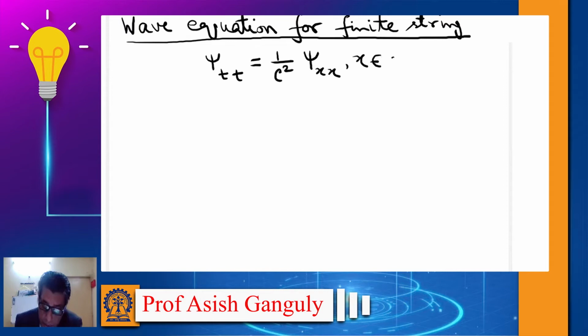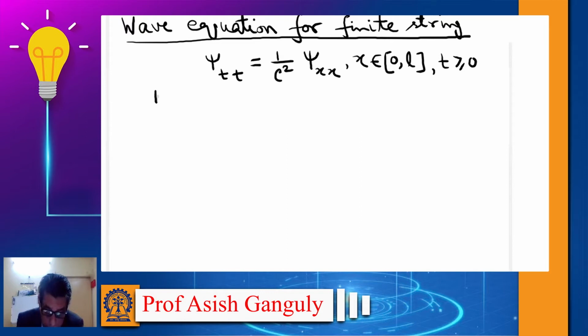Finite string means x belongs to 0 to L, that means the string is of length L, and t greater or equal to 0. That means t starts from initial time t equal to 0 to t equal to infinity, long future.